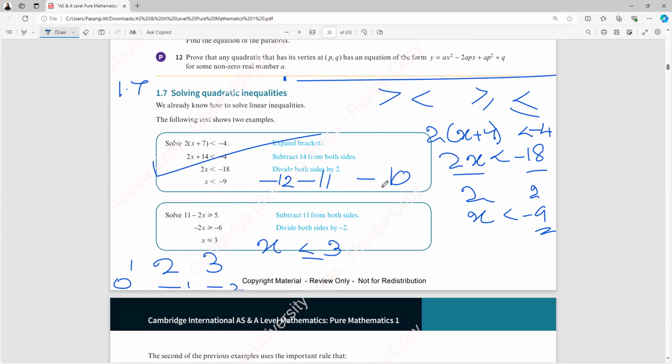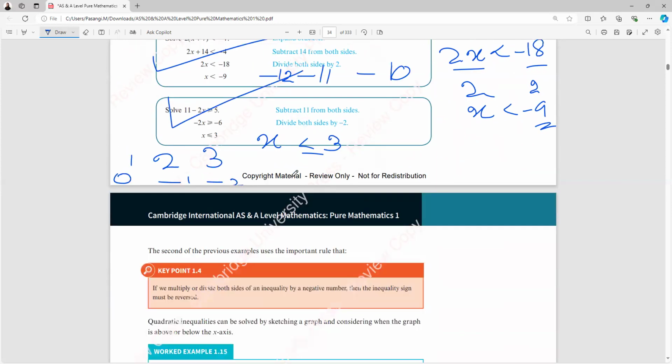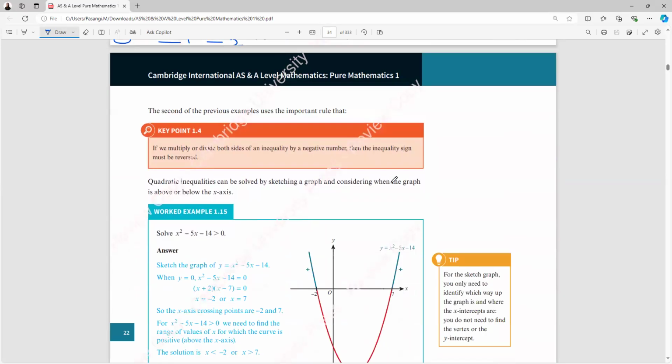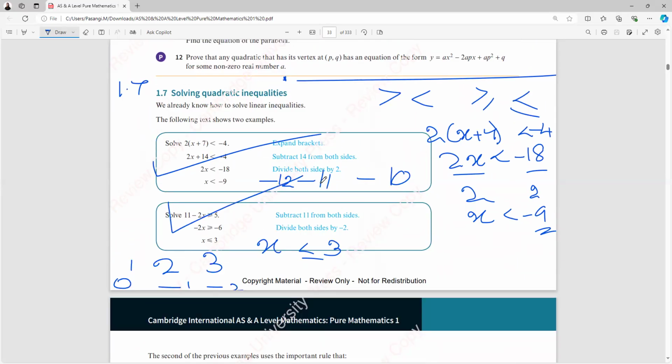Okay, that's how it is. It's clear, right? So then we have the key points. If we multiply or divide both sides by a positive value, there are no changes to the inequality.